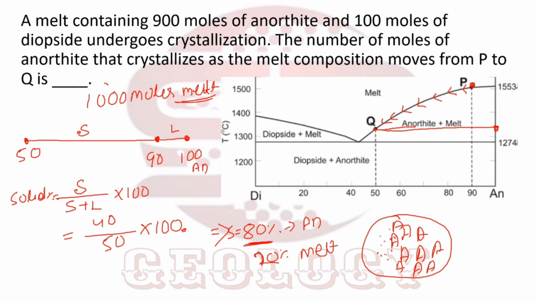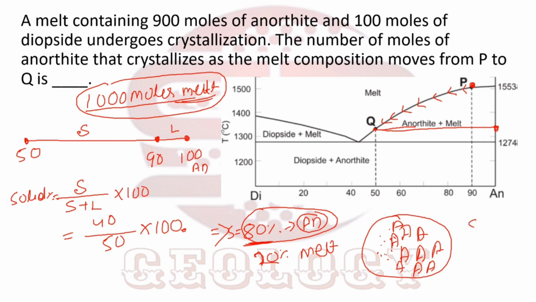So from the 1000 moles of melt that we initially took, 80% is crystallized up to point Q and 20% is still in melt condition. So the anorthite is 80% of 1000 moles, so it will be 800 moles. At point Q, anorthite will be 800 moles. The answer is 800 moles.